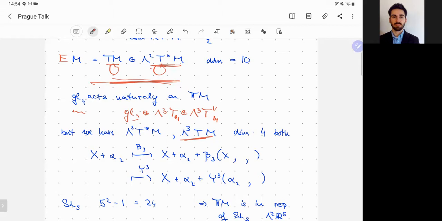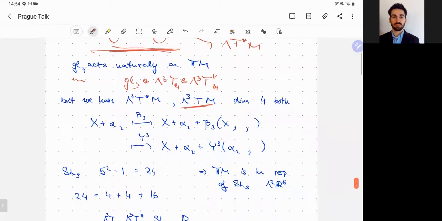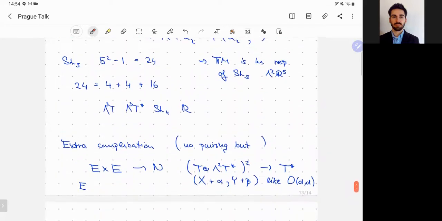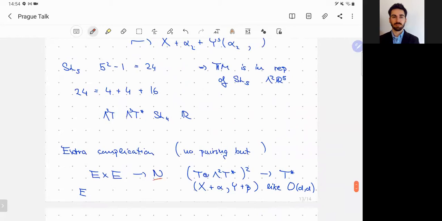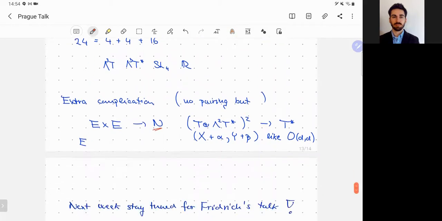And it's really similar here. You feed those vectors into 2-forms and produce a 1-form. So there's a mapping into this other associated bundle of the SL5. But since it's not really a pairing, this is a non-trivial representation. It will complicate some things, but nevertheless, it can be worked out and given some meaning.